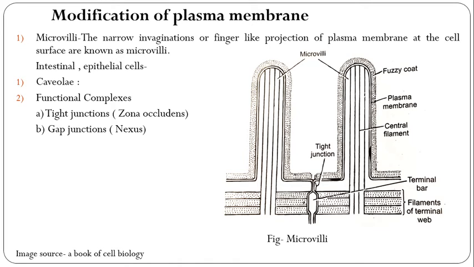These central filaments contain actin. Actin is a protein attached at the tip of microvilli by alpha actinin, and it is useful for contraction of microvilli.